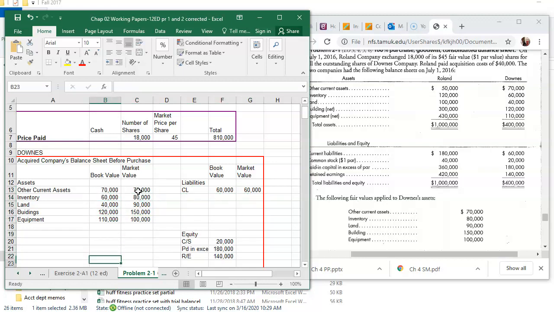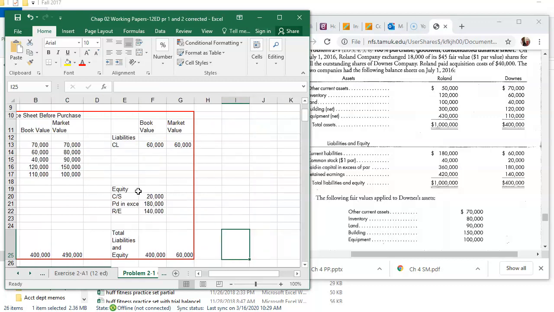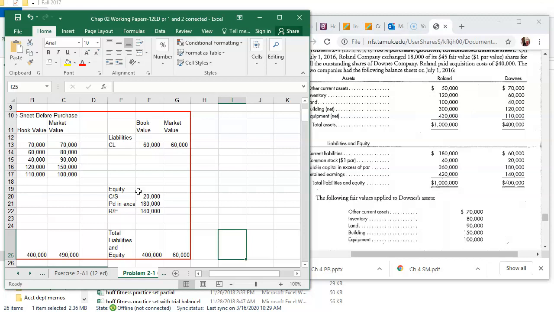Okay, so you want to add up both of these. So notice that, for the book value, you want it to tie out like the balance sheet. But for fair value, you're going to have the total of the assets, but only the liabilities. All right? Because you want to be able to do the net assets. All right, so here, your net assets, well, it's fair value net assets.